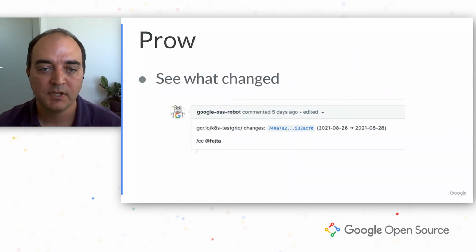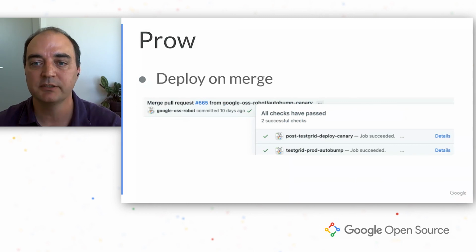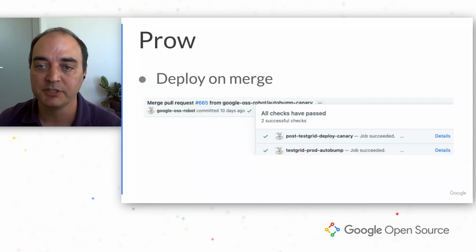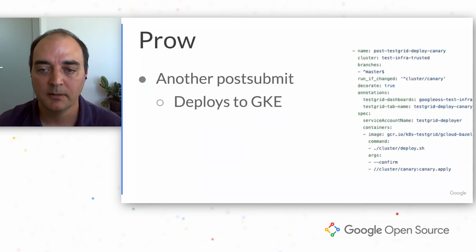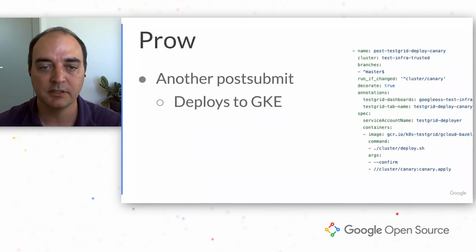And then once we've approved it and merged it, we need something to actually deploy it to production. So we're going to use another post-submit job for that. It looks largely the same, just with a different image. Otherwise, it's just another post-submit.